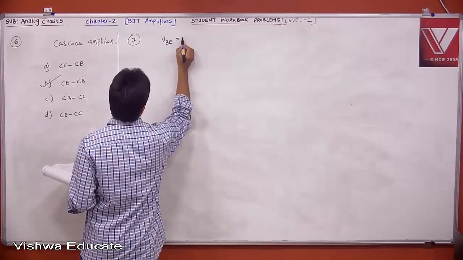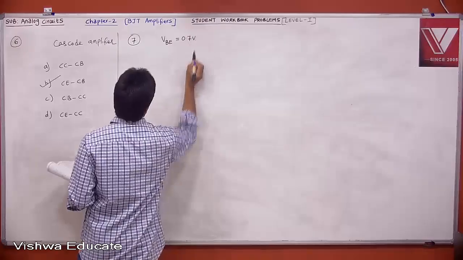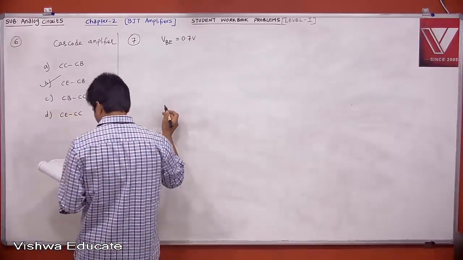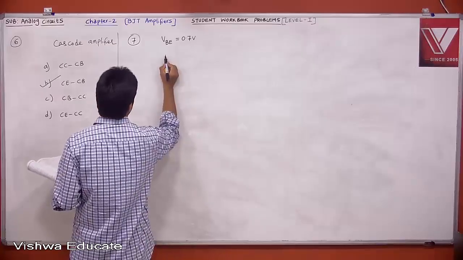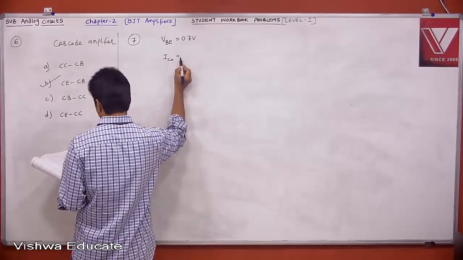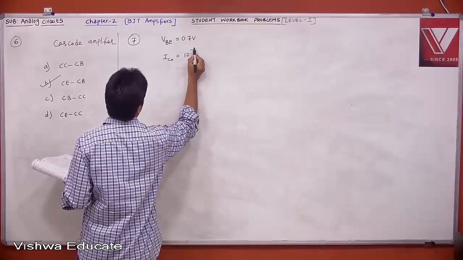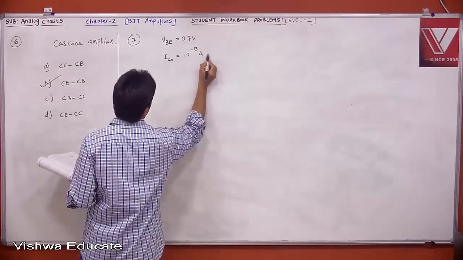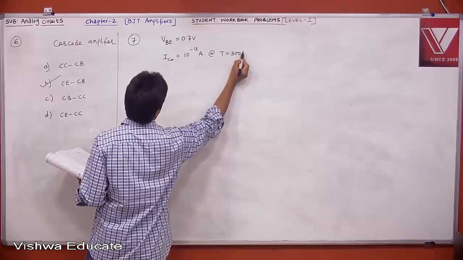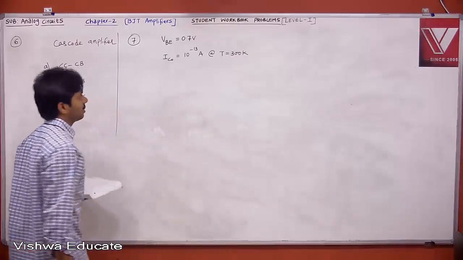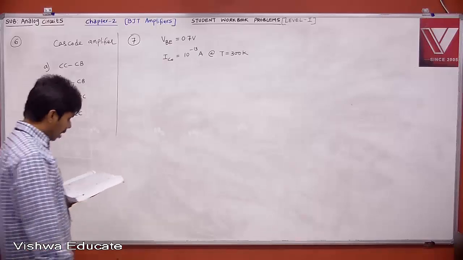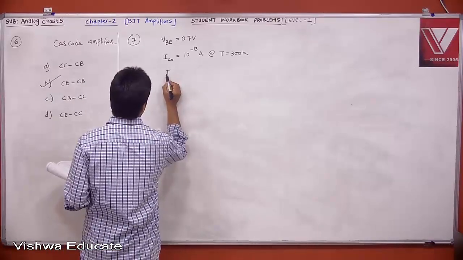Given that reverse saturation current of the junction, which is nothing but your IC naught, is equal to 10 to the power of minus 13 ampere at temperature equal to 300 Kelvin. Actual reverse saturation current changes with respect to temperature, but the value is given at room temperature. Now, what is your emitter current?